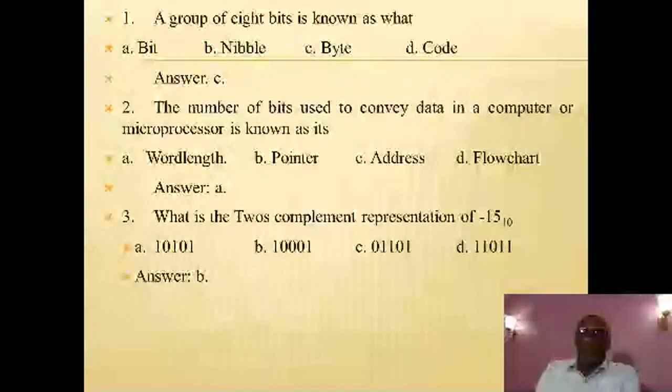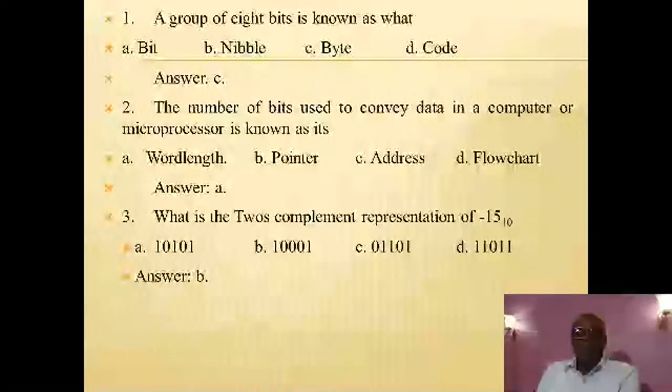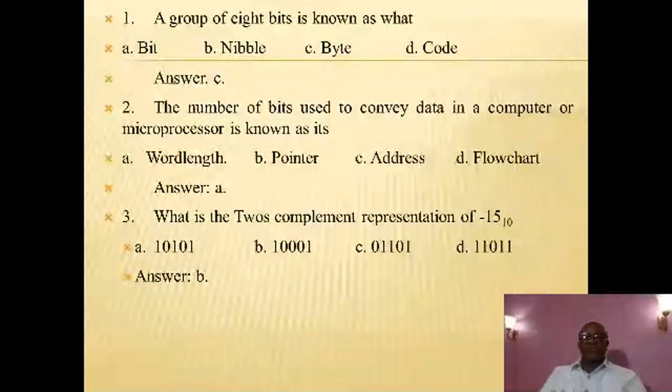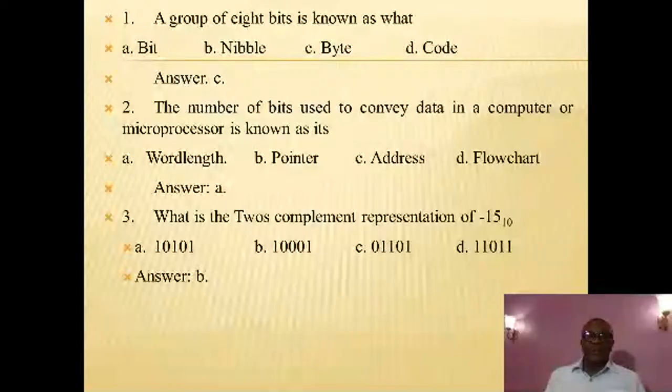Minus is represented by 0, then you take the 1's complement. The 1's complement will be changing all the 1 bits to 0 and all the 0 bits to 1. Now, we say that 15 is 1111, and we have appended a 0 to take care of the negative sign.